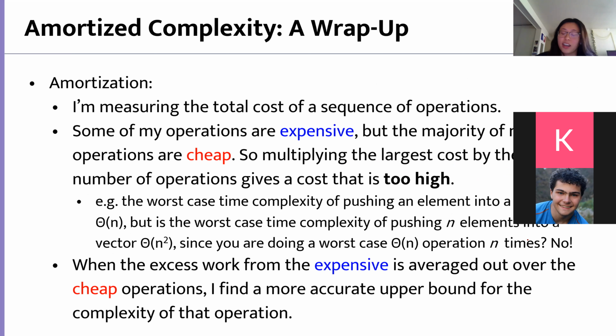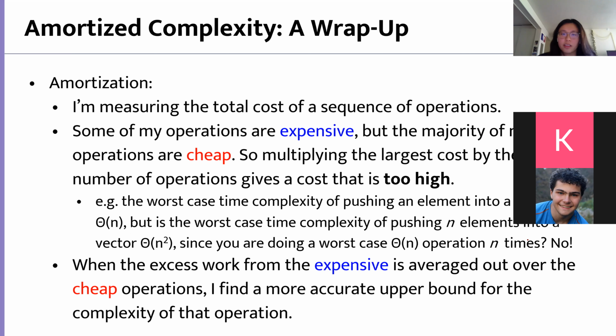And so a final summary on amortization, just to really hammer this idea in. Basically, you're measuring the total cost of a sequence of operations rather than one. And even though some of your operations may be expensive, such as the vector reallocation that is O of n time, the majority of your operations will be cheap, such as the rest of the push backs that you are able to achieve in O of 1 time.